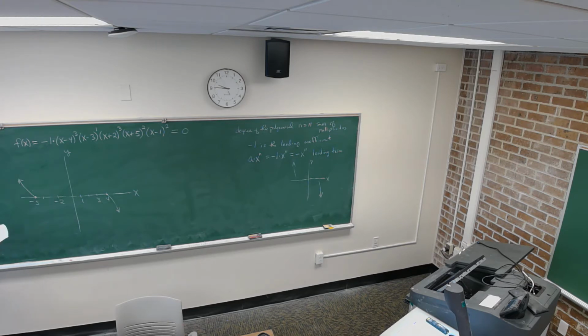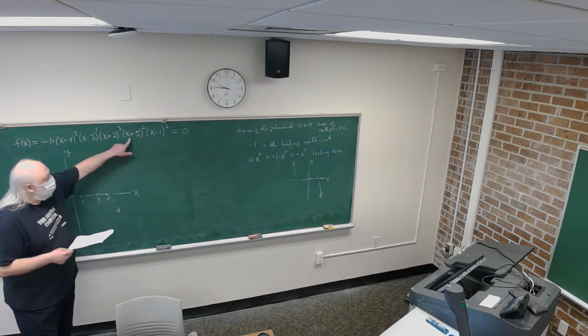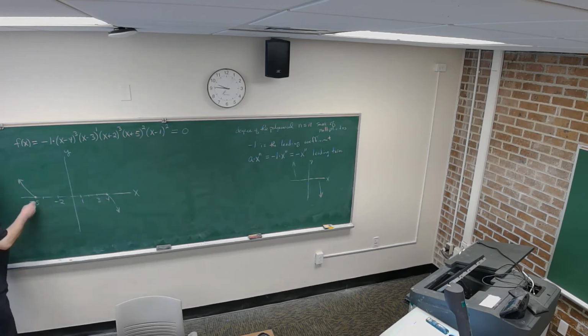Now, the multiplicity at the root x equals minus 5 is even. It's 2. So we know at x equals minus 5, at this x-intercept, the graph touches. It doesn't cross. So the graph has to come down, touch the x-axis, and then turn around.